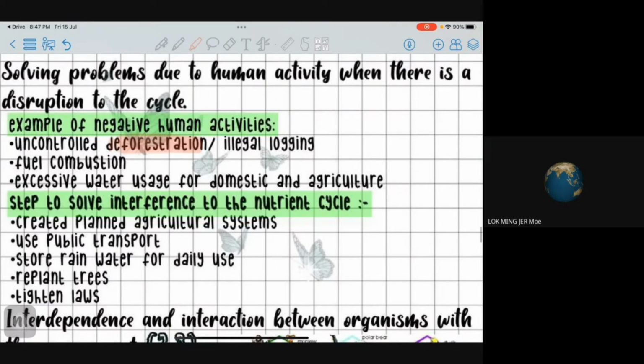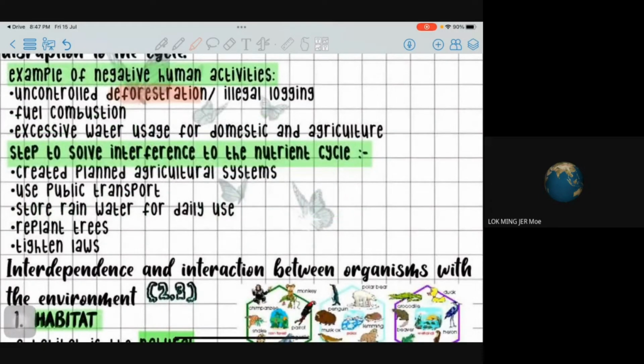So how do we want to solve this for the nutrient cycle? We can create a plant or agriculture system, use public transport in order to reduce fuel combustion. Okay, store rainwater for daily use, so that we have enough water supply. Replant the trees if we do a lot of logging, and tighten the laws.